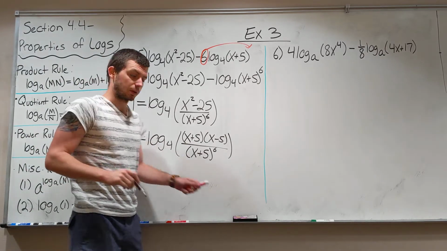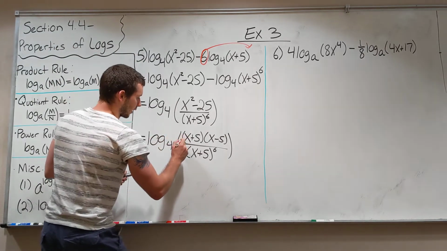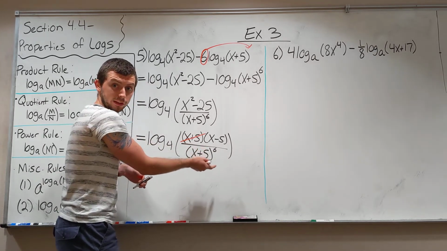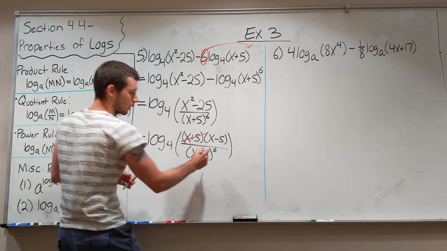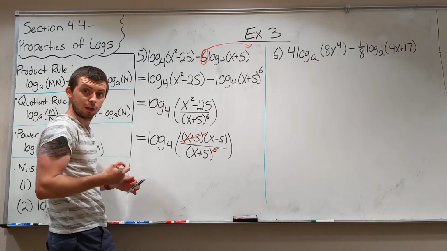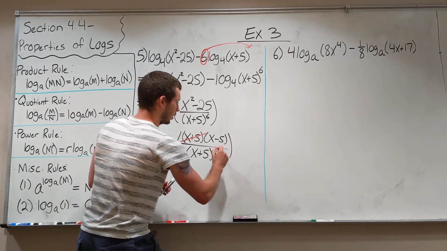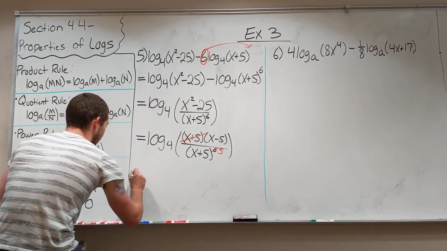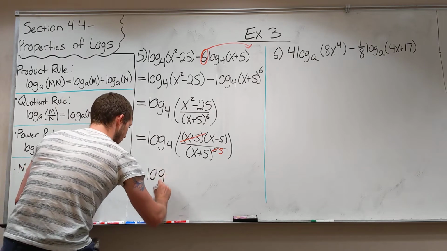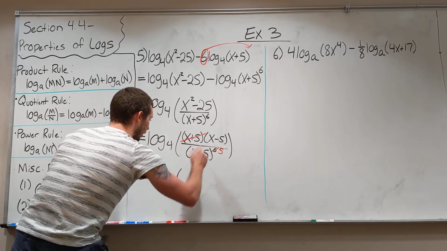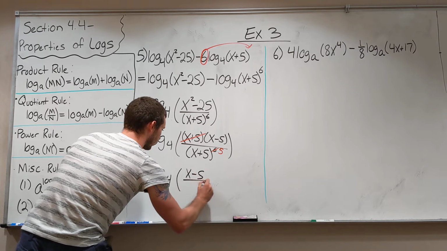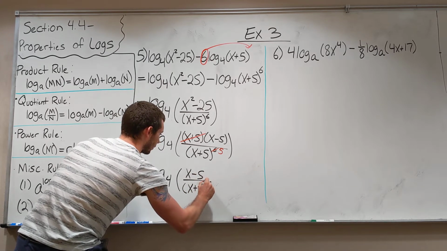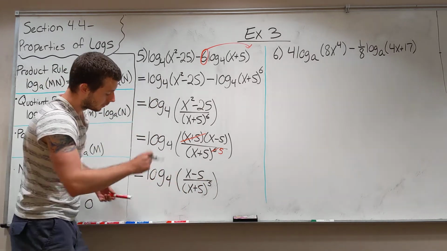So there is a cancellation here. One of these x plus 5s cancels out one of the 6 x plus 5s down here. So that 6 becomes a 5 because we took one away from that. And so after we go ahead and apply that cancellation, we get x minus 5 in the numerator and x plus 5 to the 5th power in the denominator.